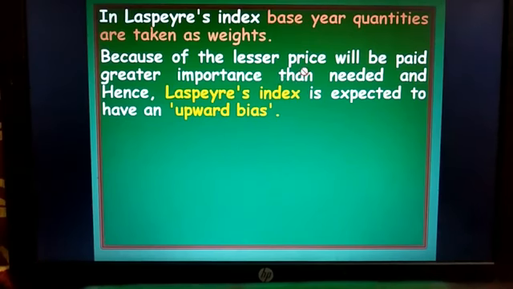Once a lesser price is there, greater importance will be given. Here base year quantities or base year prices are taken into consideration. That means the base year is considered as weights in Laspeyres' index number.